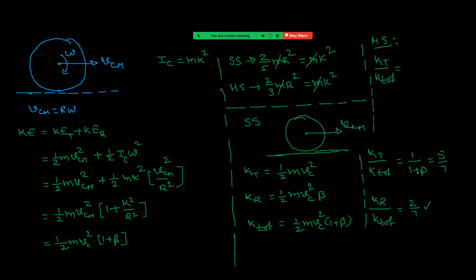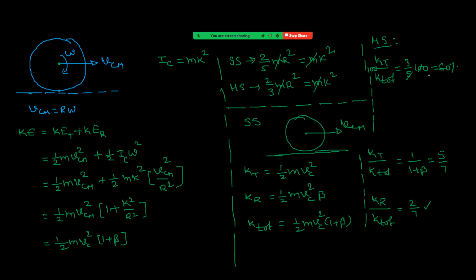Substitute here 1 plus 2 by 3, 3 plus 2, 5. It is now 3 by 5, right? If you want percentage, multiply on both sides with 100. It is now 60%. Means for a hollow sphere, 60% will be translation, 40% will be rotation.